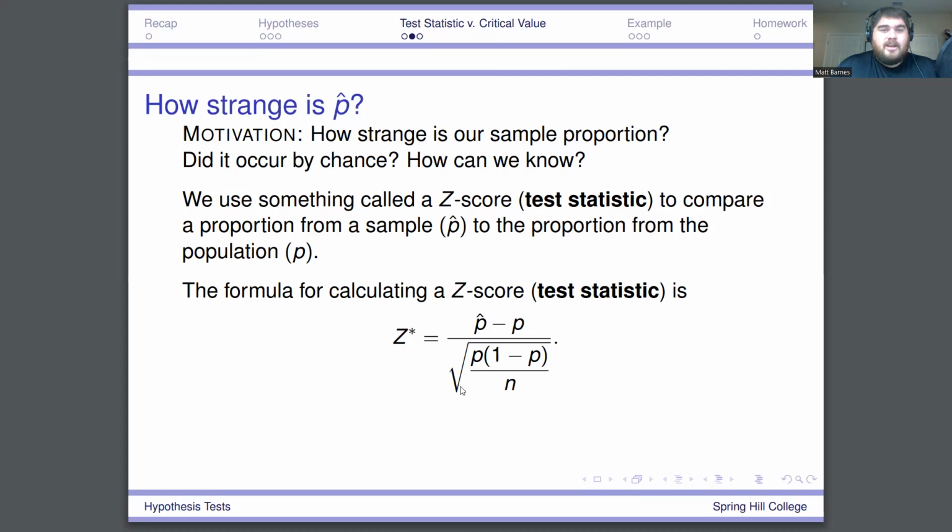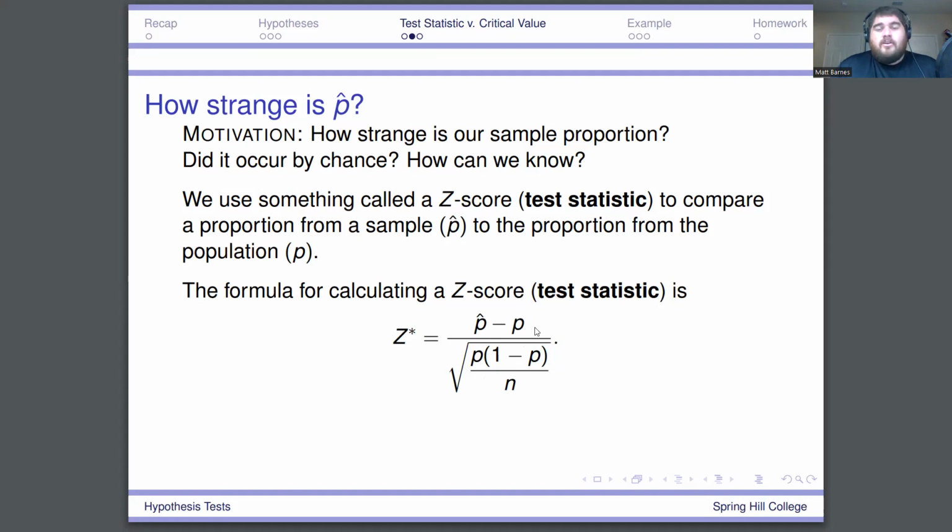And then all of that's going to be over this big square root. And in the square root, we're going to have p, again, our population proportion, times 1 minus p, all over n, so how big our sample was. So this is how we're going to find our test statistic z. Now, I do want to be clear, this formula may not be difficult from a mathematical perspective, but it does have some moving parts to it.